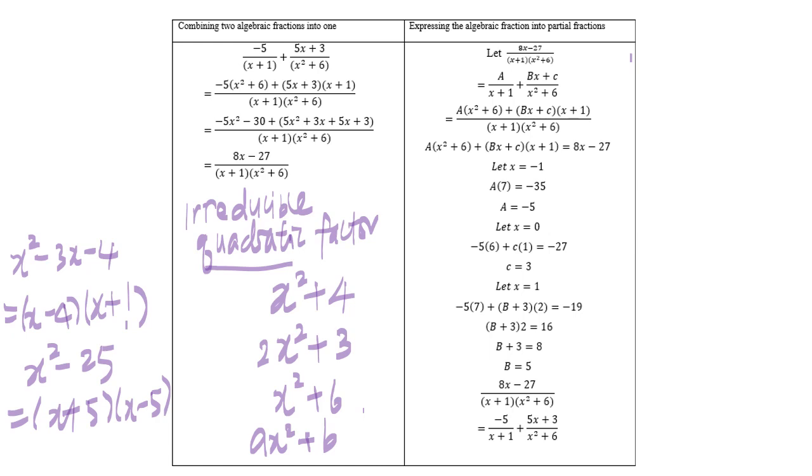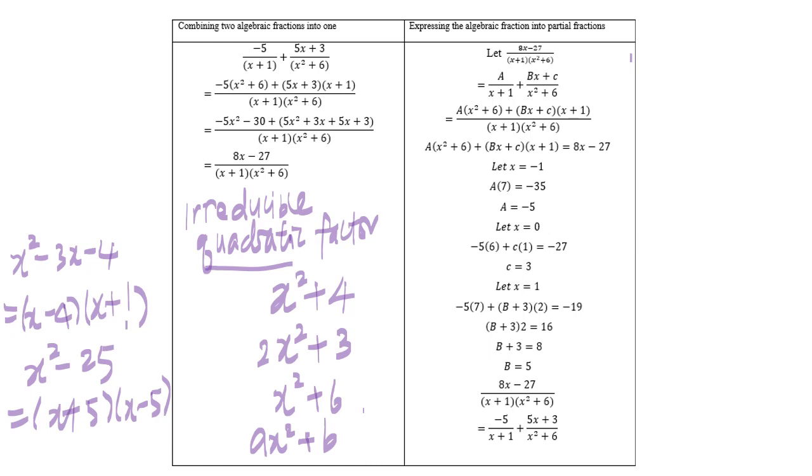So the examples that I've given are on the left hand side. If you are given two fractions, as usual, we will start off with two fractions because this is what you have learned already. The earlier knowledge you have learned is how to combine two fractions into one fraction.